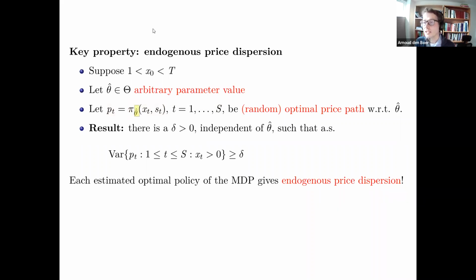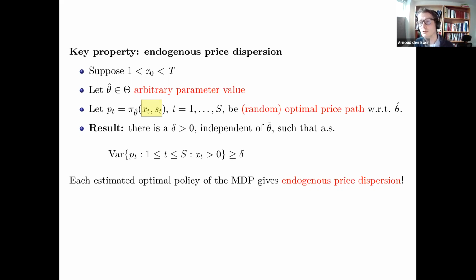I have my states, they can be random, but in this season, I just use the prices that are optimal given this theta hat. Well, the thing is, we're not in some fluid regime. The optimal price depends on your state. If you just have 1 period left and you have a lot of inventory, then it will be very cheap. But if you have many time periods left and just 1 unit of inventory, then you can make the price very large, because you have many opportunities to sell it.